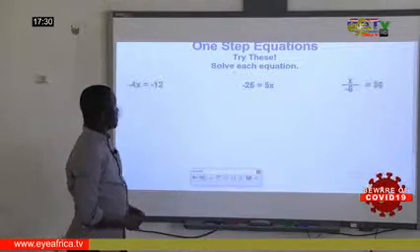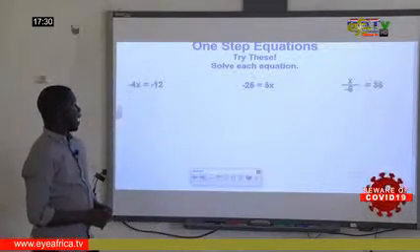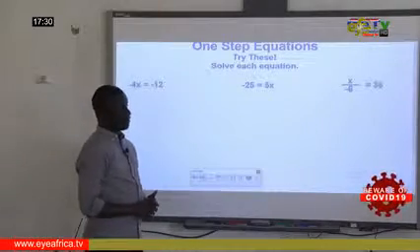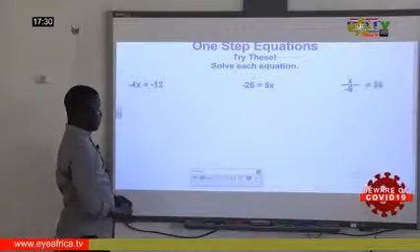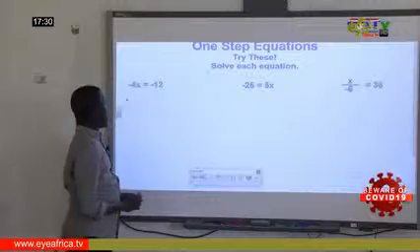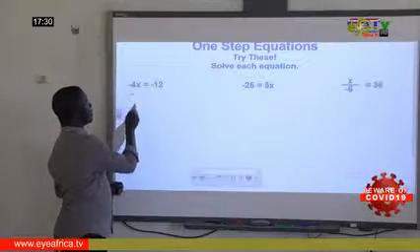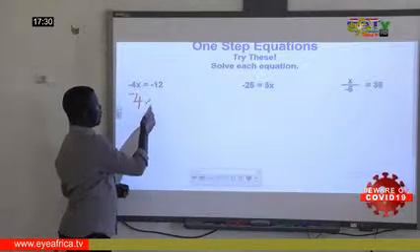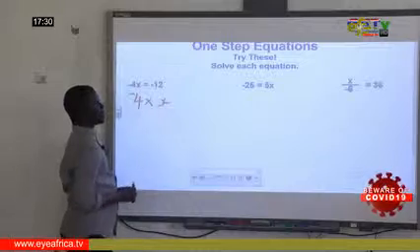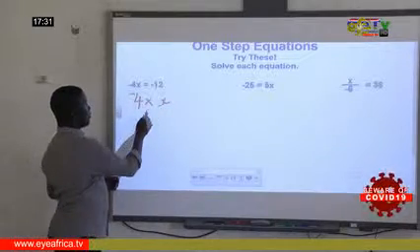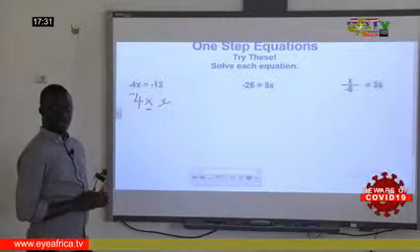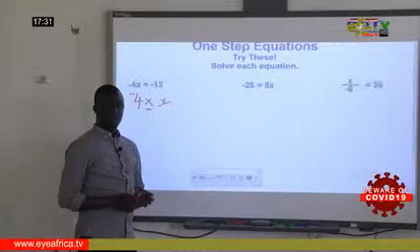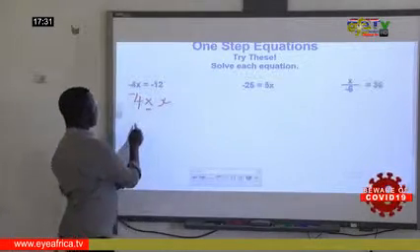One-step equation still. Negative 4x equals negative 12. To identify the operation, as we said, negative 4x means negative 4 times x. So our operation here is multiplication, and the inverse of multiplication is division.